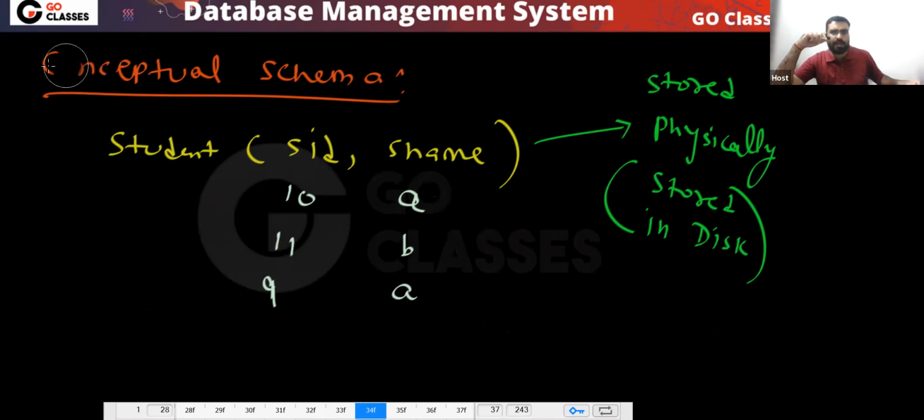From the physical schema point of view, when you physically store them, there will definitely be some order. Agree or not? Maybe you are storing in sorted order, something like 10A, or maybe in unsorted order.